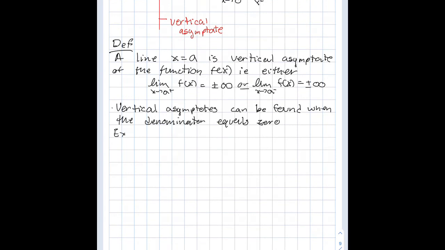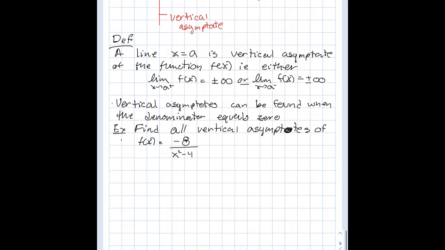So let's look at this example. We're asked to find all vertical asymptotes of f of x equal to -8 over x squared minus 4.